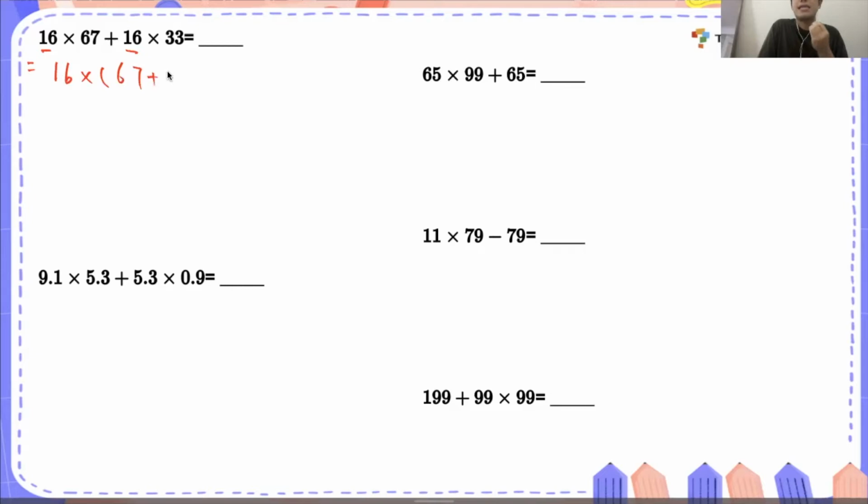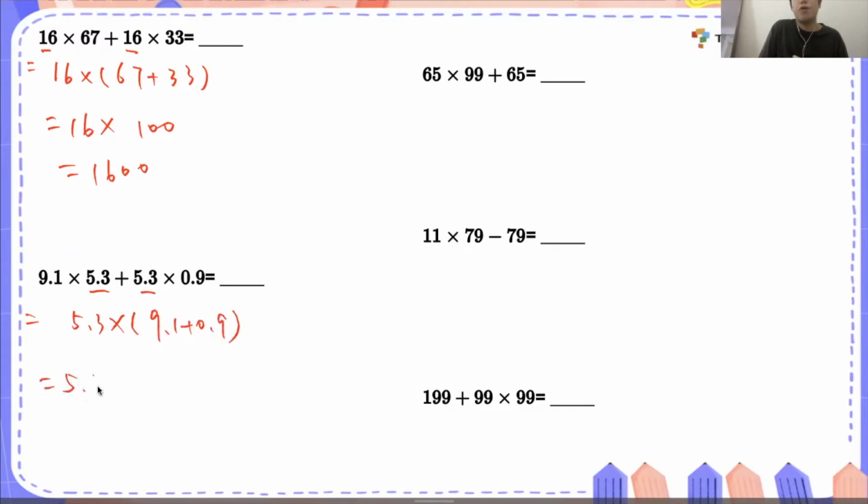That is 67 plus 33. What is 16 times 100? That is 1,600. Okay, the next one. The same number we should find in both multiplications, that is 5.3, right? So 5.3, and we put the other numbers in brackets, that is 5.3 times 10, that is 53. Great.